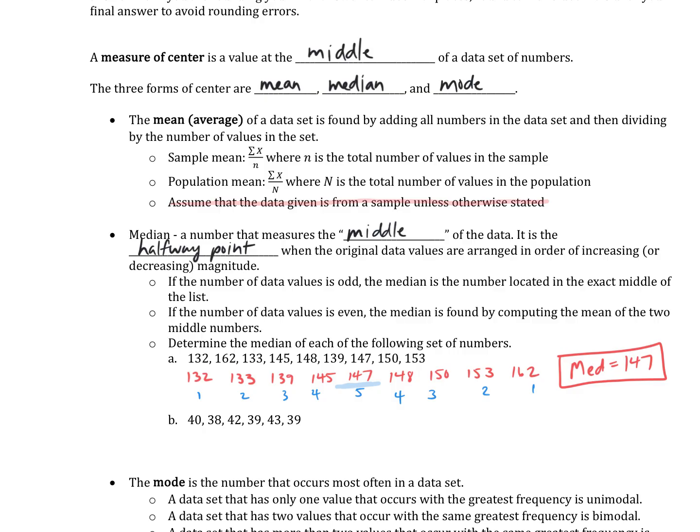All right, looking at letter B. Again, put it in order. So on this one, we have two values that are in the middle, so we're going to find the average of them.